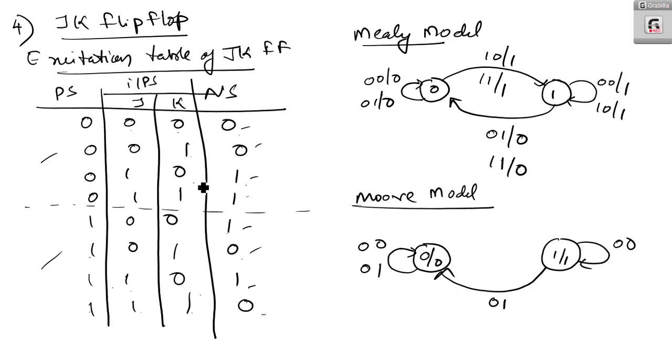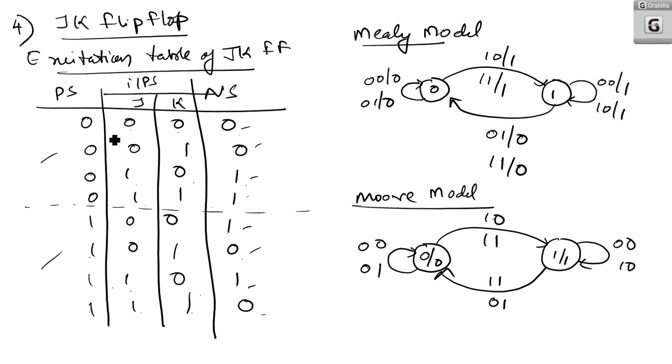Now coming to 1 0, it will go to 1. Here 1 0 it will remain in 1 itself. 1 1 means it will go to 1. Here 1 1 means it will go to 0. So that is basically the Moore model of the JK flip-flop.